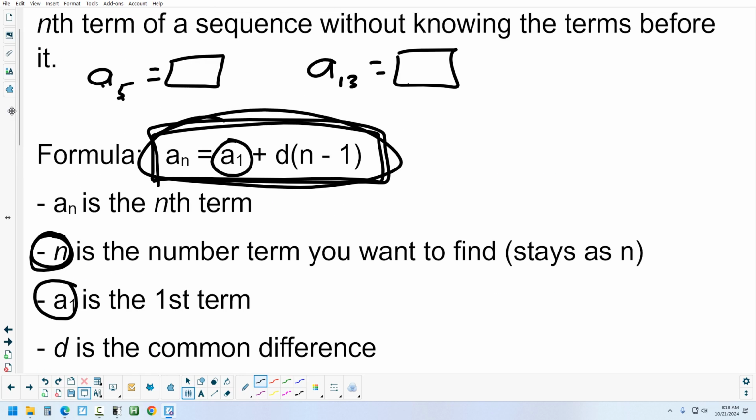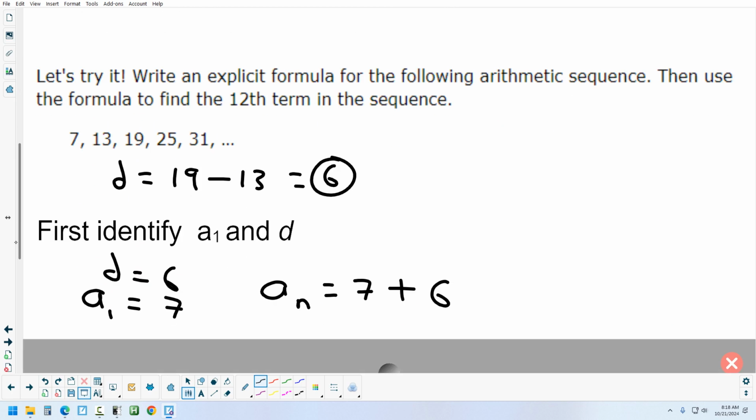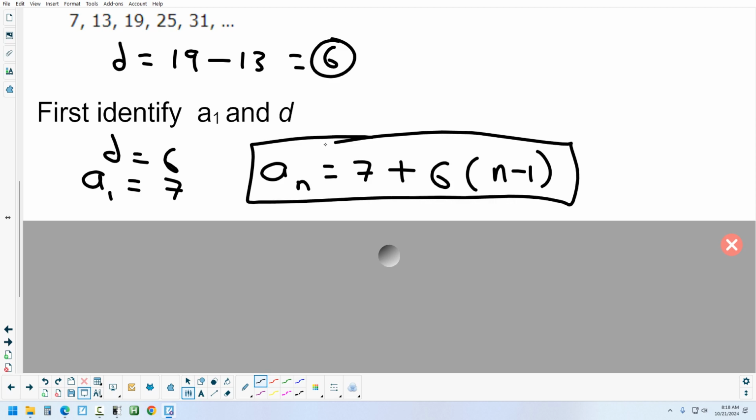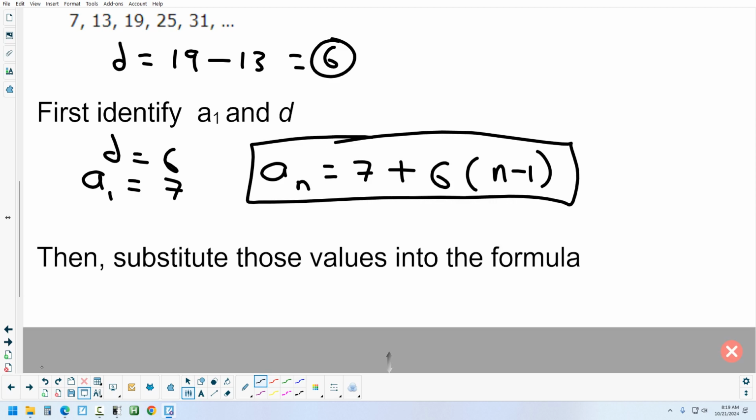And then after the D is an n minus 1 in parentheses, but the n is just going to stay as n. And that's it. If they don't say to simplify it, that formula is fine.